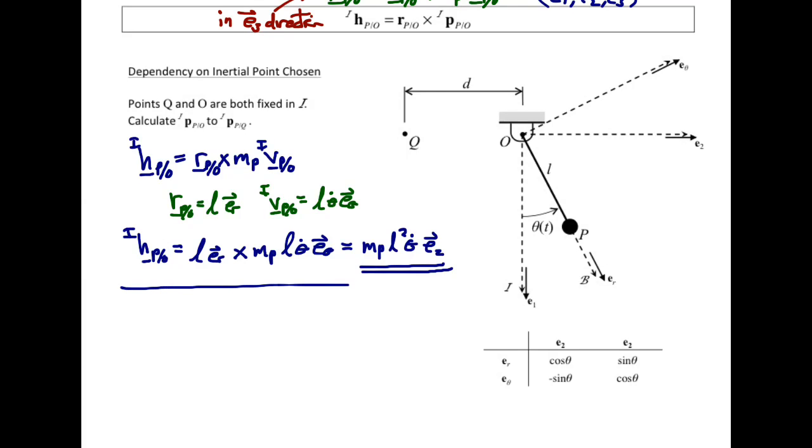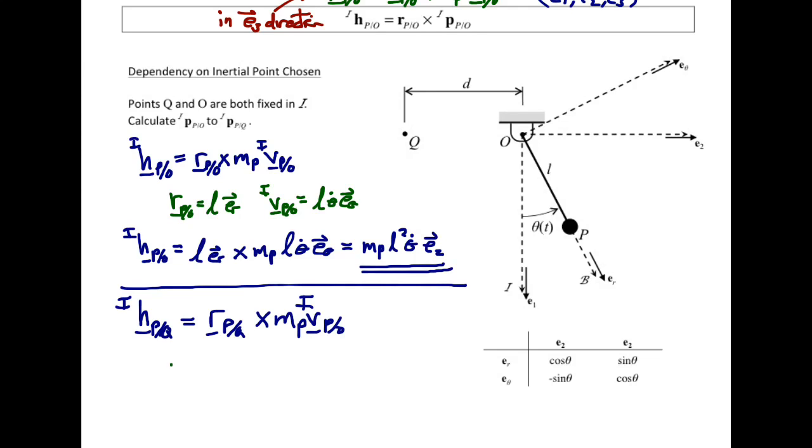So let's do the same thing for our angular momentum of point P about the inertially fixed point Q. So now we're calculating our angular momentum of this mass P about point Q. So this is in the inertial reference frame. And so our position vector is going to be r of P with respect to Q, cross with our mass times our velocity of P as observed in the inertial reference frame.